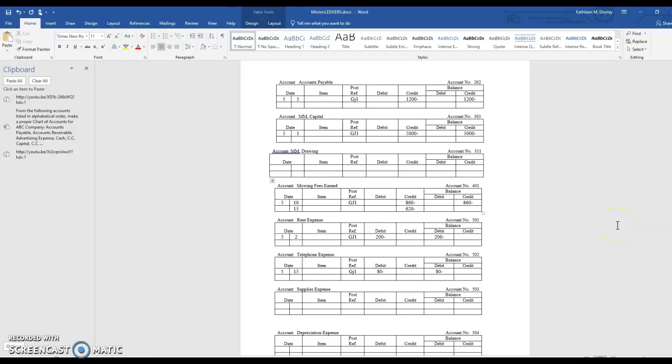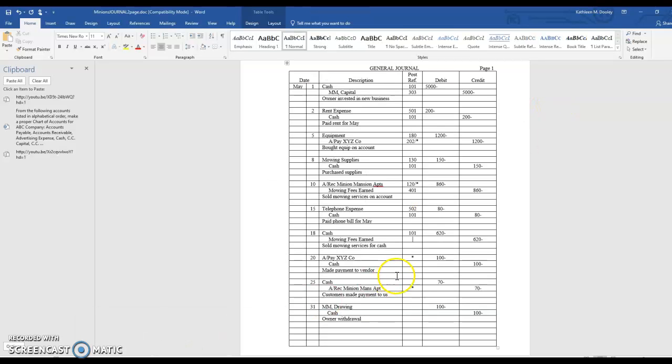So now I'm going to take $860 and $620, add them. My new running total balance then is $1,480. And that's account 401.